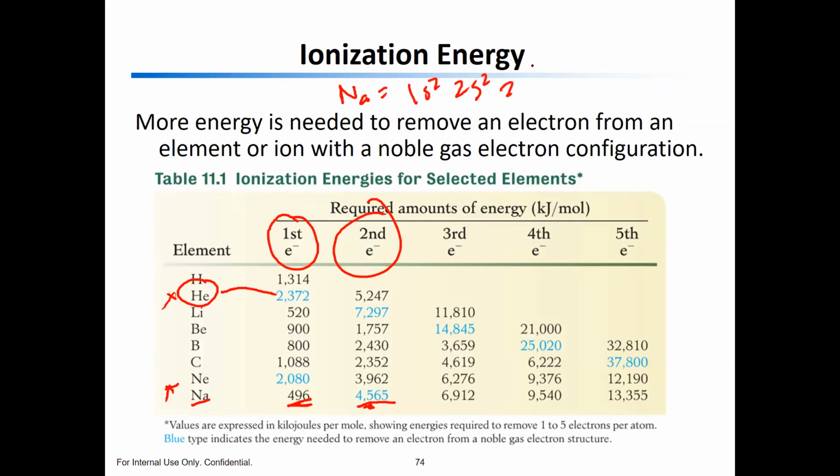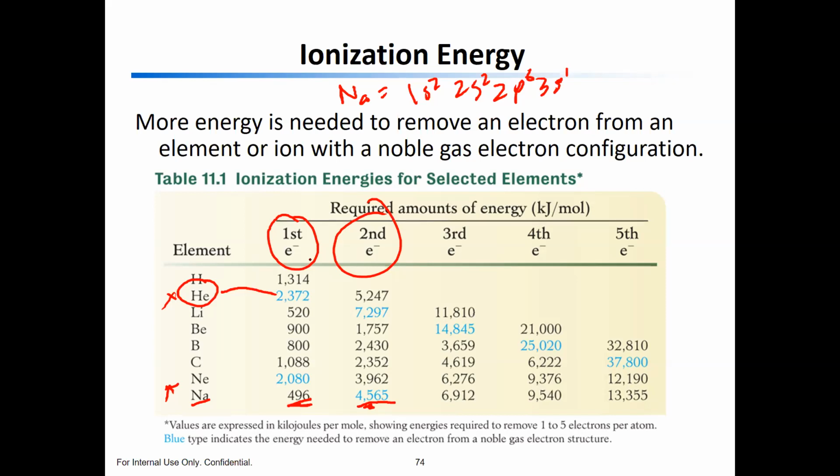So when it loses an electron, does it behave more like argon? Yeah, we're going to get there. We're getting there, yes. So let me see if I have my periodic table. Sodium. Right.